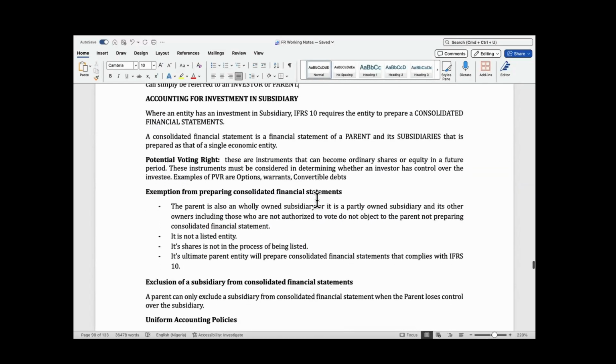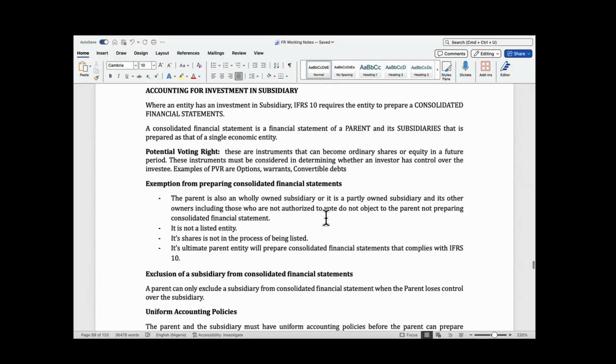Now, how do we account for investment in subsidiary? I'm starting the accounting. When I'm done with accounting for investment in subsidiary, then I move to that of associates, probably next week. I'll finish subsidiary today.